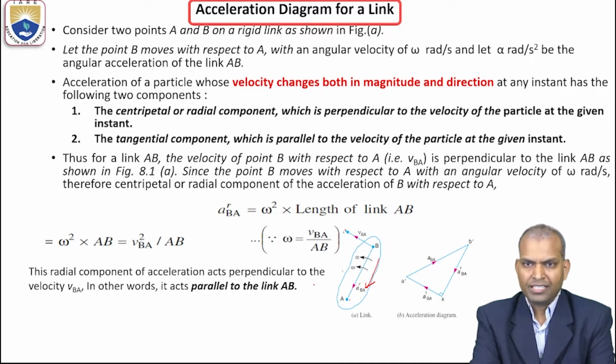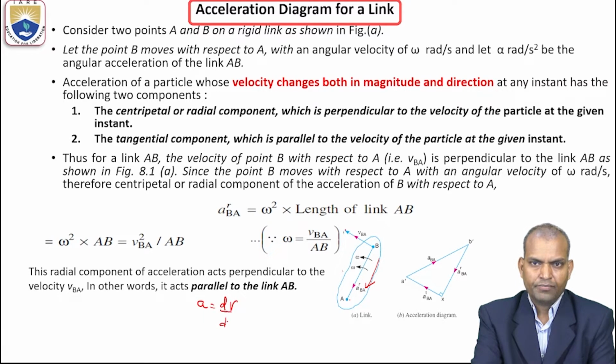Because to draw the acceleration, let me introduce a little bit. Acceleration equals dv by dt, where v is the velocity; the rate of change of velocity is known as acceleration. The rate of change of displacement is known as velocity.